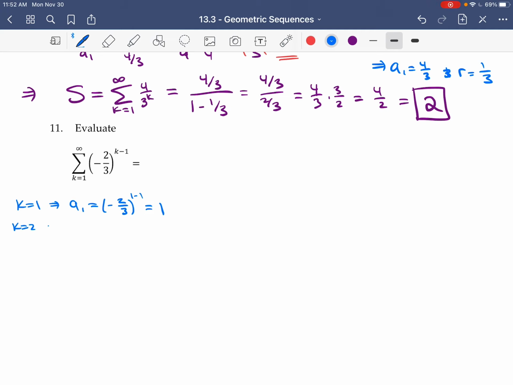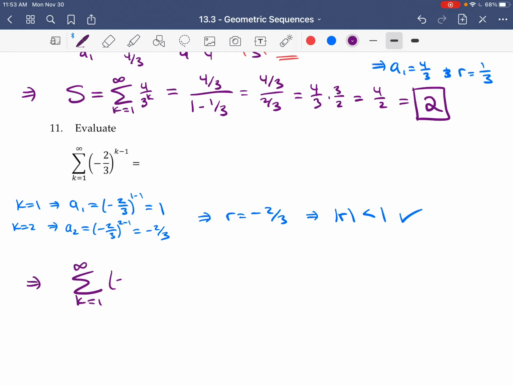Now if k is 2, my a2 is negative 2/3 to the 2 minus 1. So it's negative 2/3. So that's enough to tell me that my r is negative 2/3, which you might have already guessed. Okay, so then in absolute value, r is less than 1. So this sum does converge. Okay, so that means that this sum of negative 2/3 to the k minus 1 is going to be a1, so that's 1 over 1 minus the r value, which is negative 2/3.